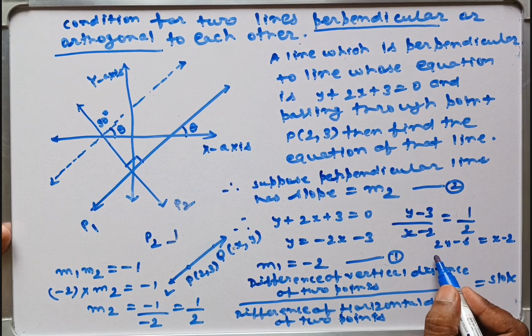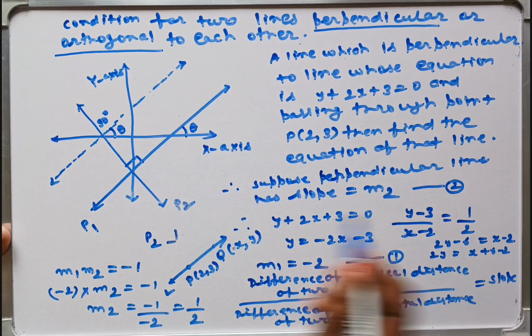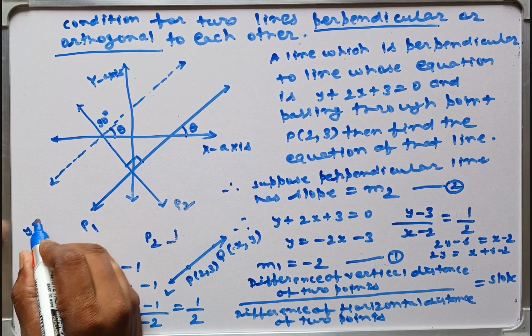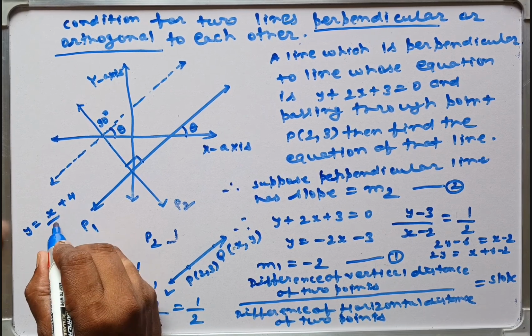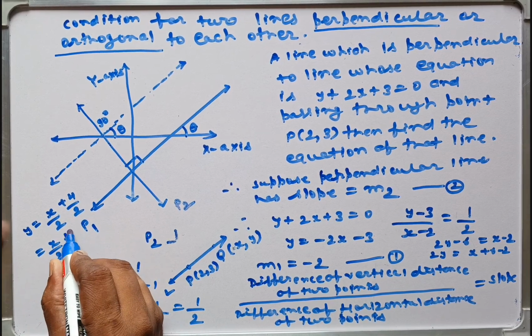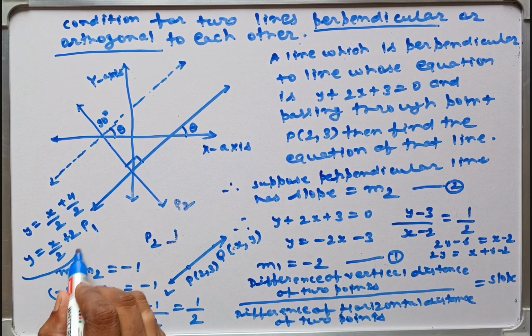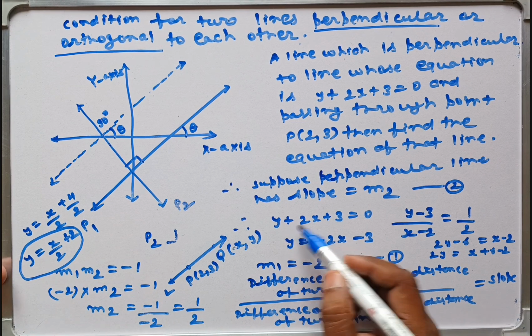Okay, so again we can write 2y equals x plus 6 minus 2. So you can write it as 2y equals x plus 4, and divide both sides by 2. So y equals x by 2 plus 2. Okay, now this is the equation of the line which is perpendicular to this line.